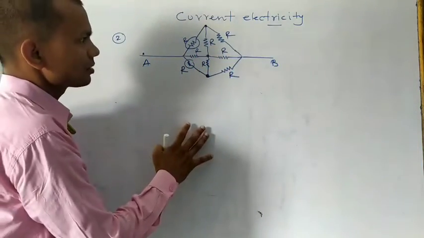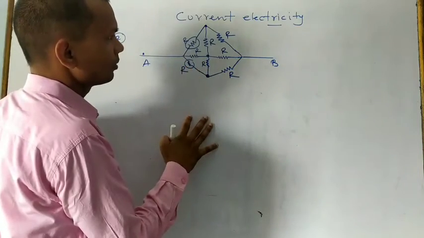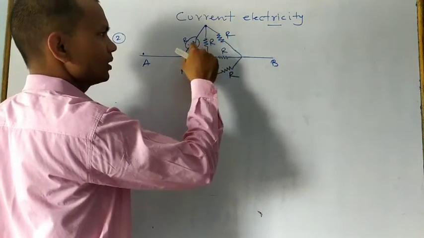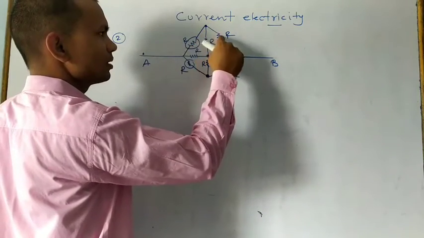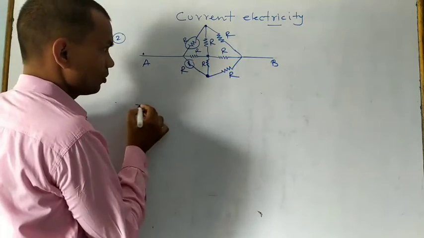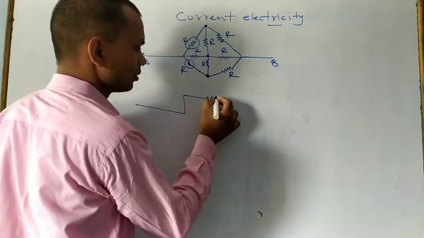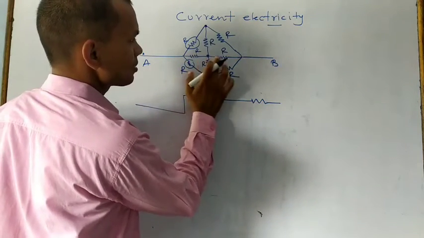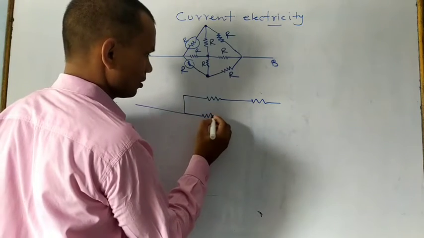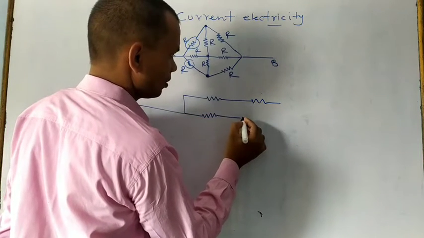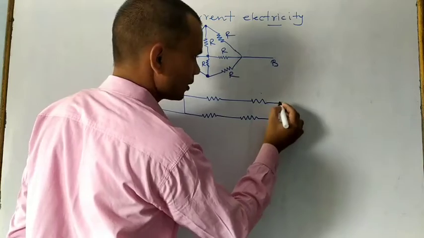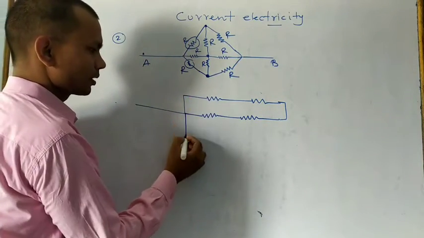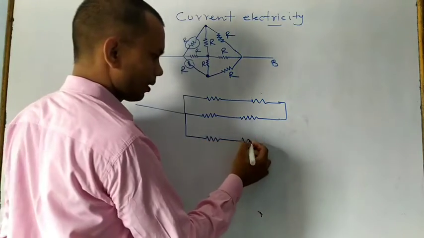So our circuit becomes like that. When this one is neglected, this and this are connected in series. So we can arrange like that, and this and this are also connected in series, like that, and this and this are also connected in series, like that.